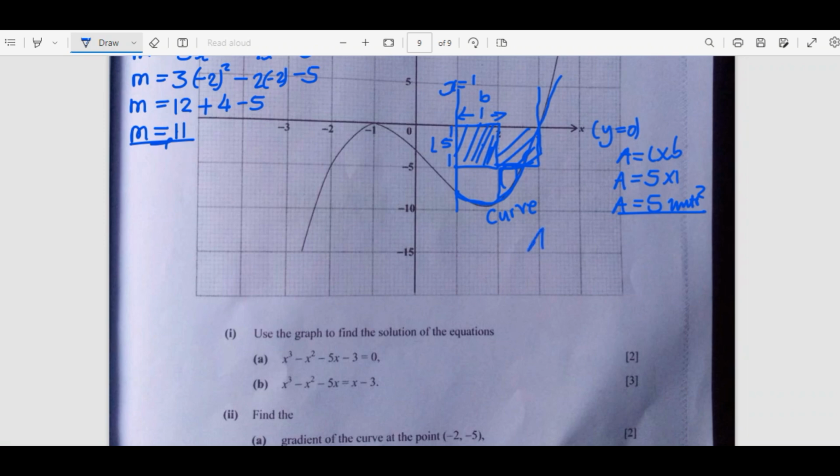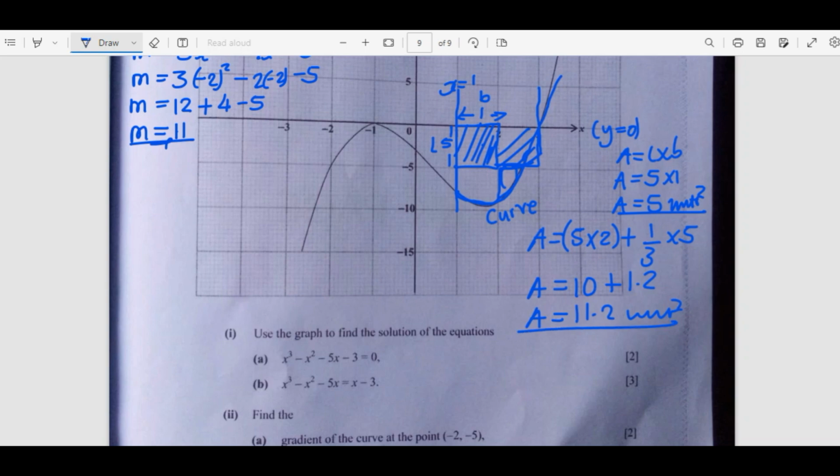So we say area is equal to 5 times 2 for the complete ones plus 1/3 times 5. Here we get 10 plus 5 divided by 3, which is about 1.7. So area is approximately 11.7 units squared.